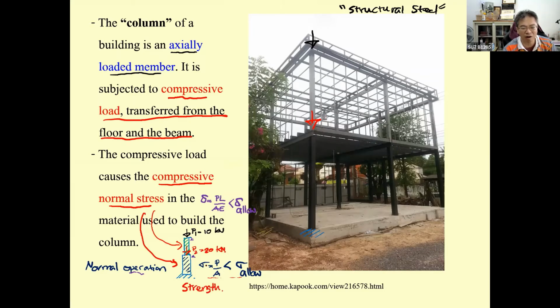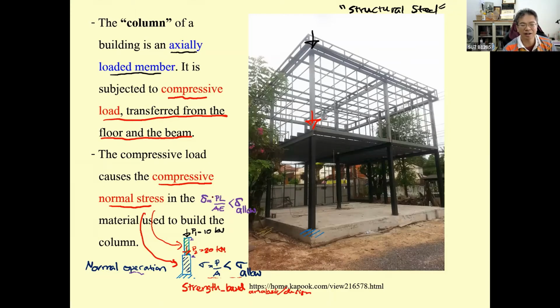The stress occurring in the material must be smaller than sigma allowed. So this one may be strength-based analysis or design. That's considering the strength of the material.